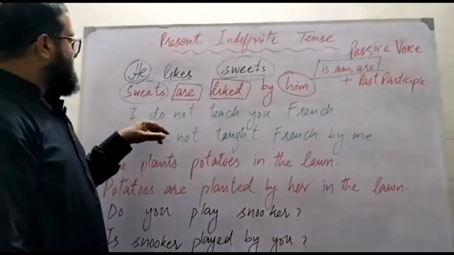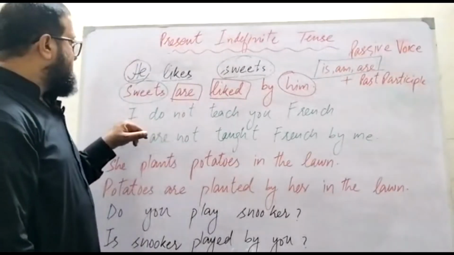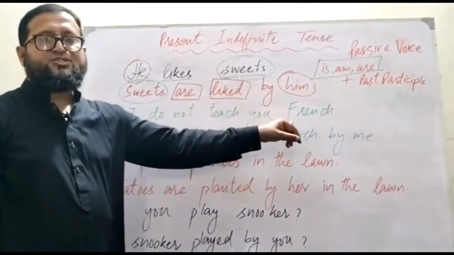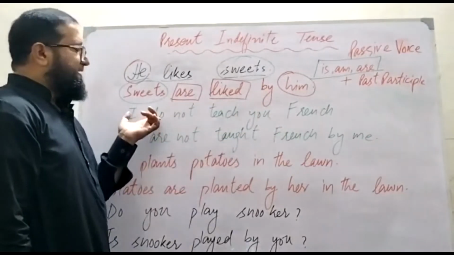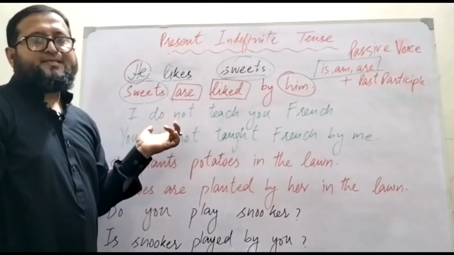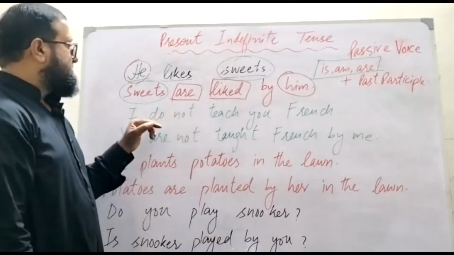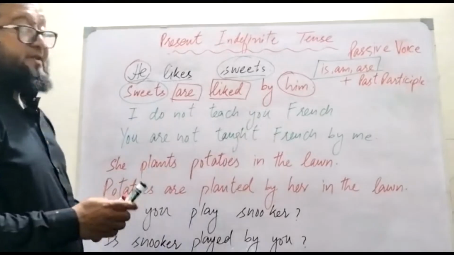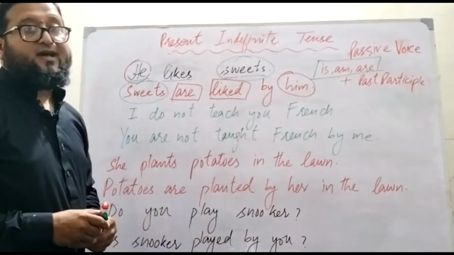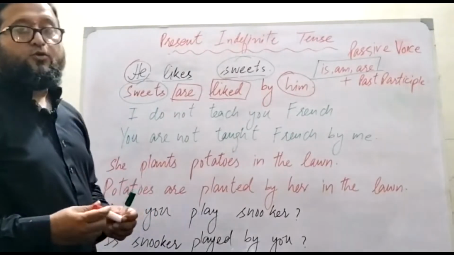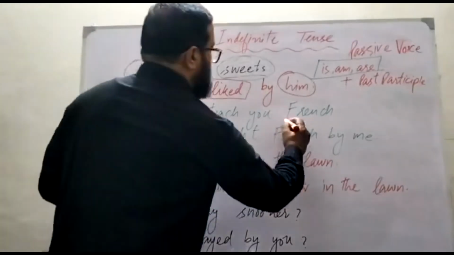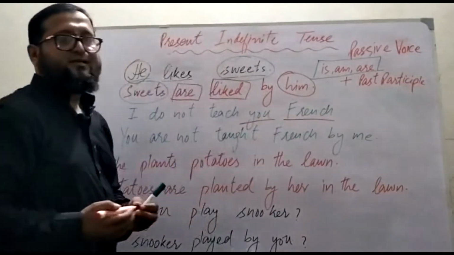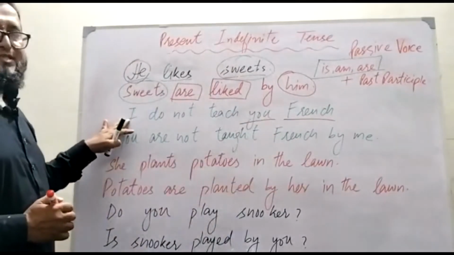Next, you see the next sentence of active form: I do not teach you French. You can easily understand do is present in the active form. Do not teach you French. So here the important thing is you have to recognize where the object is. Either French is the object or you is the object. I, the subject, is there.